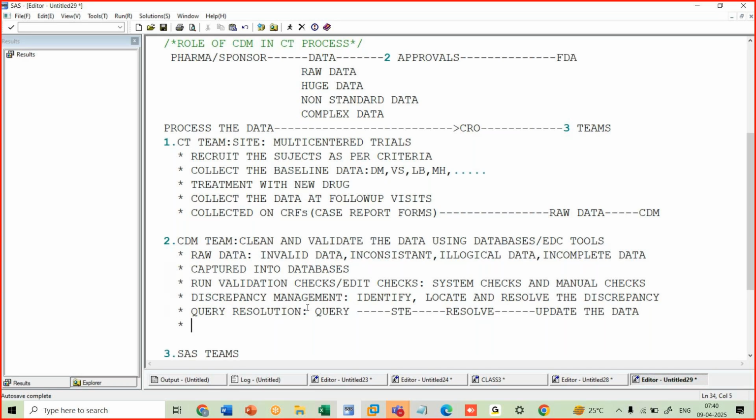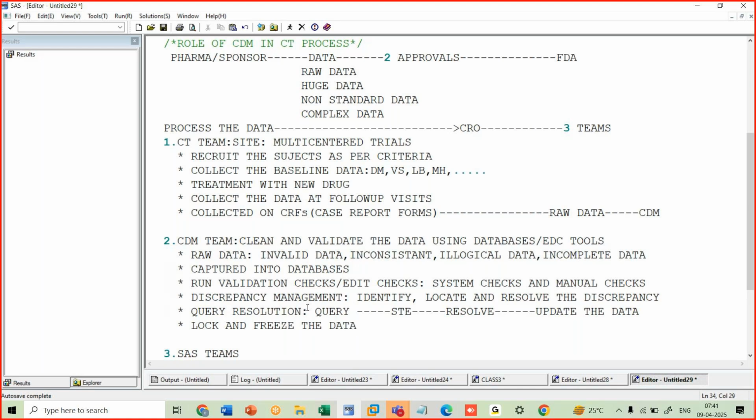So once all the discrepancies are resolved, once all the queries are resolved, no more changes, no more updates, no more modifications to the data, then we lock and freeze the data.